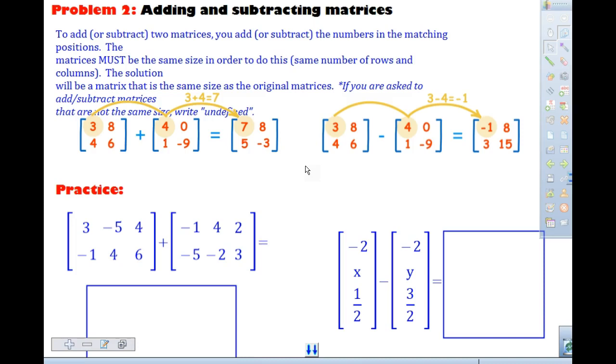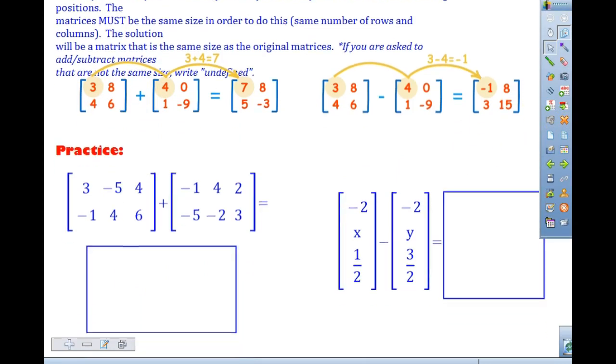If you are asked to add or subtract matrices that are not the same size, you're going to say that it is undefined. Notice what they did. They took 3 plus 4 and got 7. They took 8 plus 0, got 8. 4 plus 1.